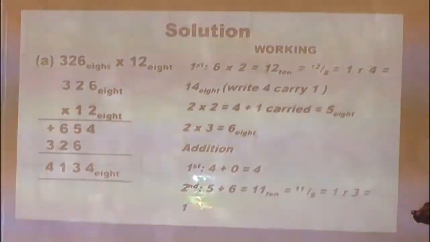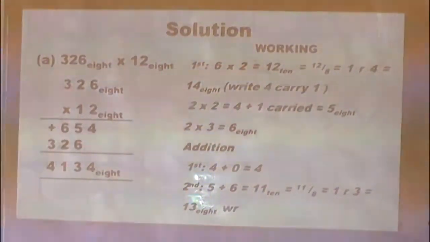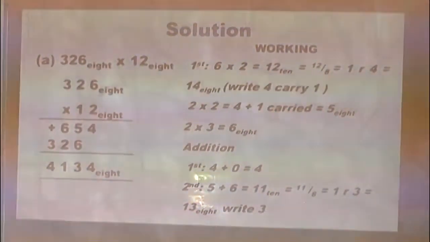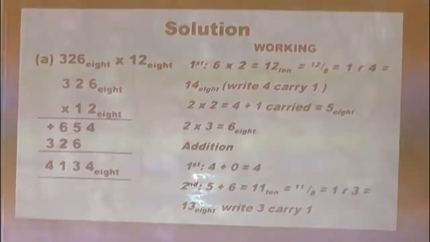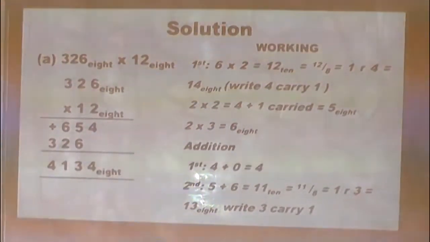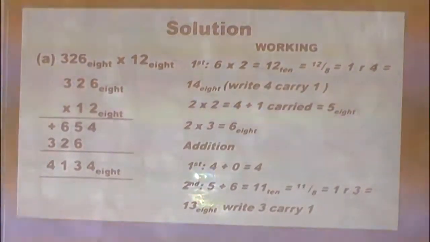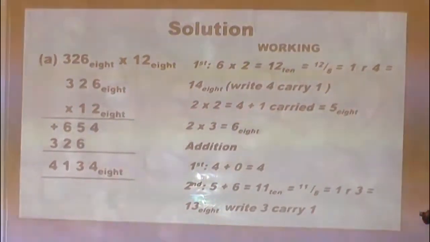So we find what 11 is exactly in base 8. As always, we ask, how many groups of 8 can we find in 11? We can find one group of 8 and a remainder of 3. So we write the remainder 3 and carry 1.